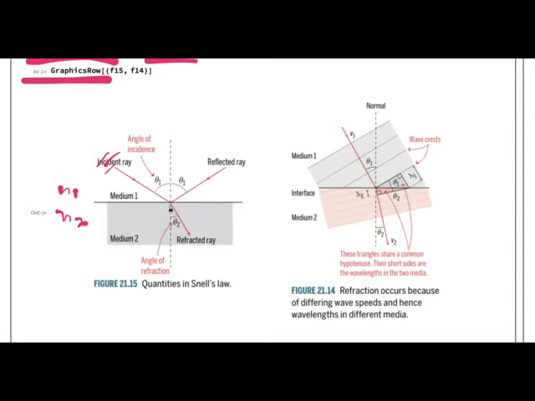Now there will be reflection. This might be air and glass. Medium 1 might be air, medium 2 might be glass, or medium 2 might be water. If you had a very still lake, you could have the reflection of the sunlight from the lake surface. Now glass or water, those are transparent.